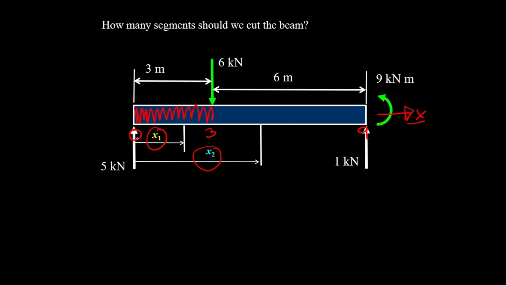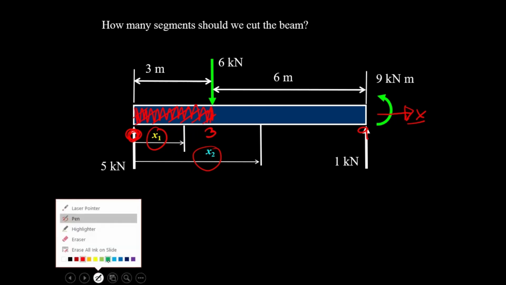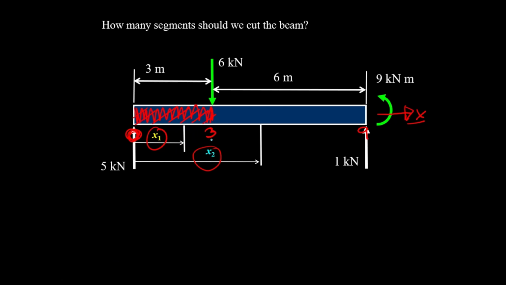Now, x1 is going to start from 0 to 3. Okay, 0 to 3. When you start from 0 to 3, you use up this one. Then, x2 is going to start from 3, 4, 5, 6, 7, 8, and 9.